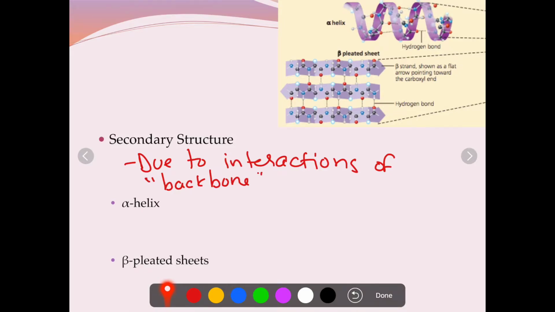If we look at our example here, it's not the beads that are going to be interacting for the primary structure. Instead, it's going to be this brown pipe cleaner, right? And so there's going to be 2 shapes that are common in the secondary structure. The first is when it kind of loops around and interacts with another backbone, and you make these little spirally guys called alpha helices.